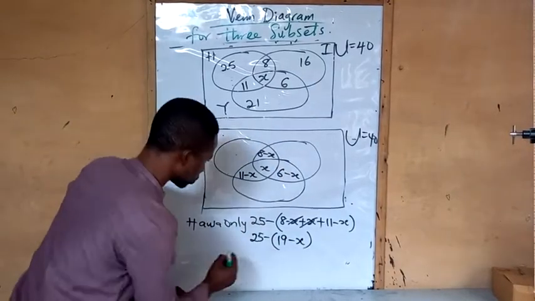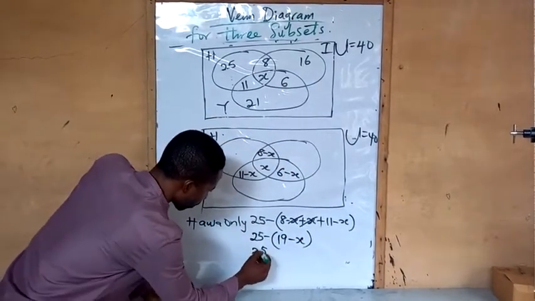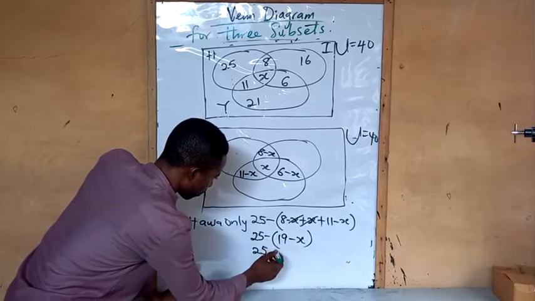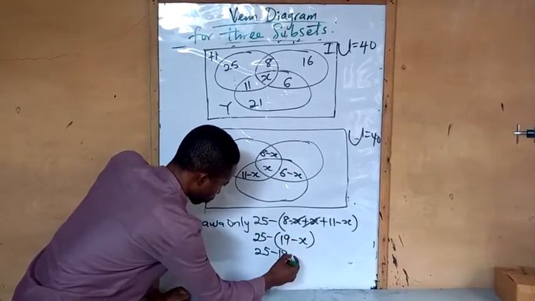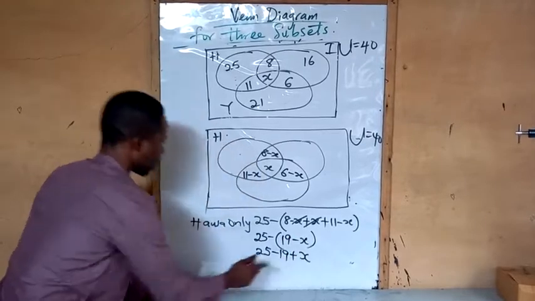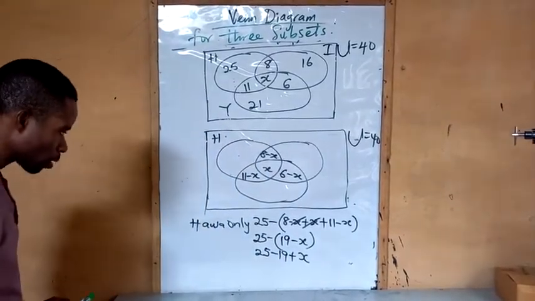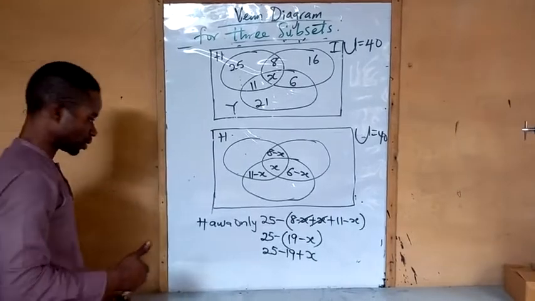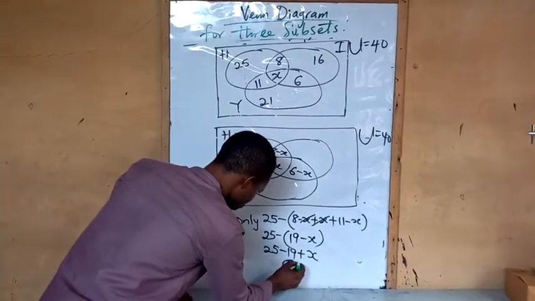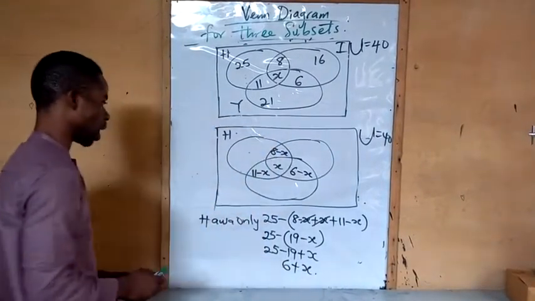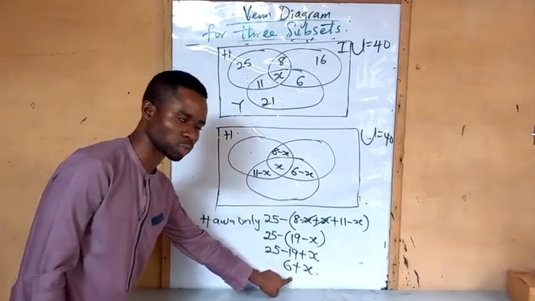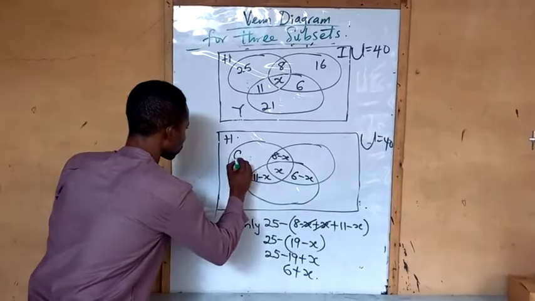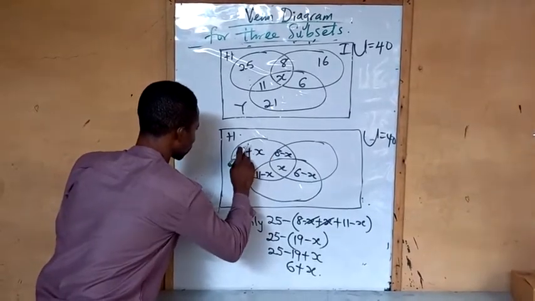So that means 25, I will use this minus open bracket, minus and plus here, minus 19, minus and minus plus X. Now 25 minus 19 is 6, so 6 plus X. This is Hausa only. Hausa only is 6 plus X. So I'll put 6 plus X here.